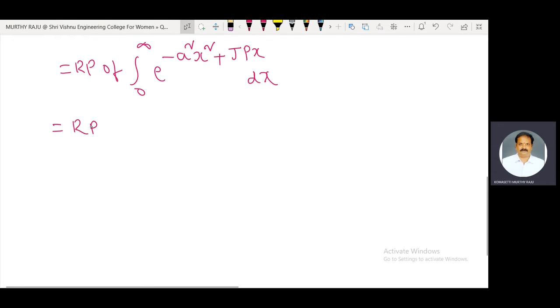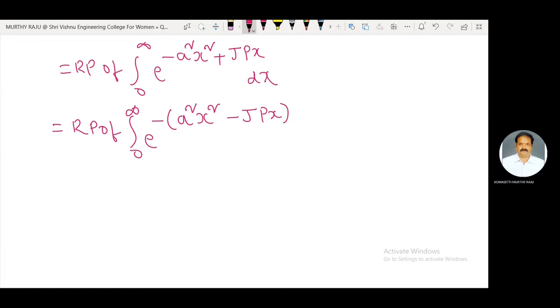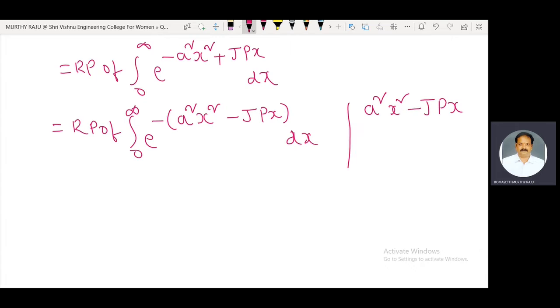That is the real part of 0 to infinity e power minus of a square x square minus j px dx. Here a square x square minus jpx is replaced with some manipulations.